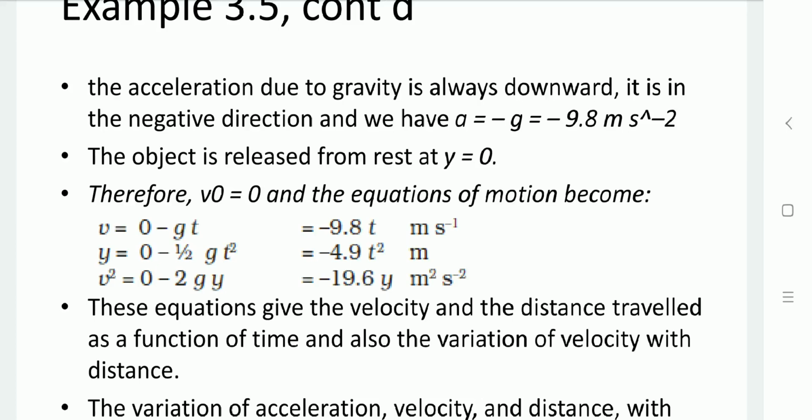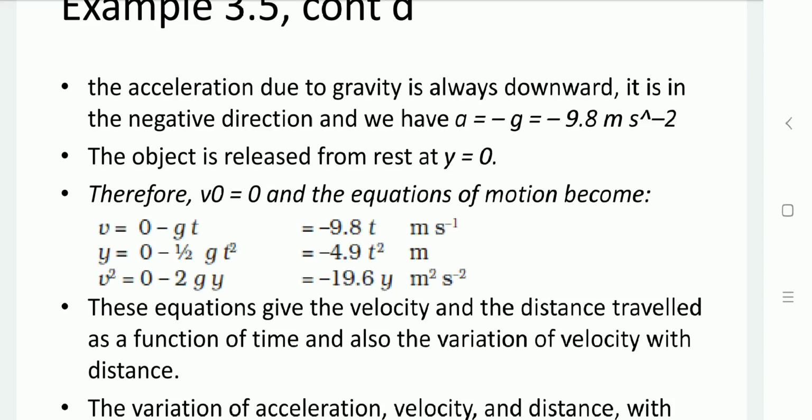The object is released from rest. Let us take the reference point y equal to 0.